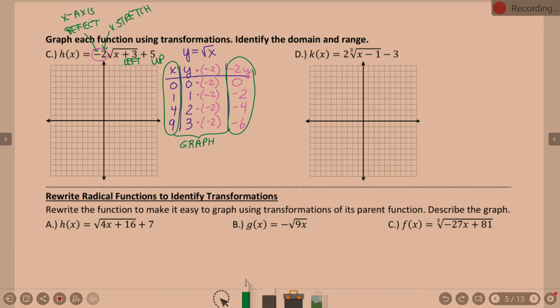So I'm going to graph, still 0, 0. But now it's going to be, instead of 1, 1, 1, -2. So right 1, down 2. Instead of 4, 2, I'm going to go right 4, down 4. And instead of right 9, up 3, it's going to be right 9, down 6.